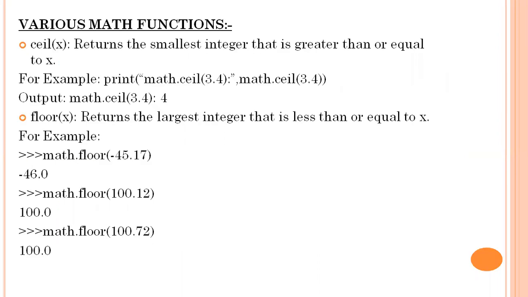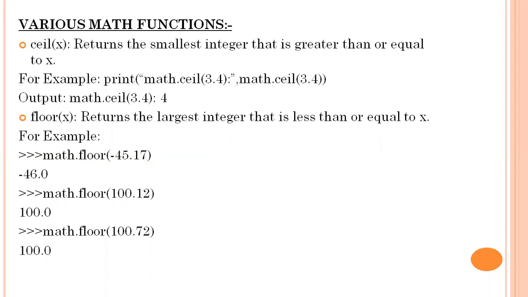Various math functions are ceil(x). It will return the smallest integer that is greater than or equal to x. For example, if we write print(math.ceil(3.4)), it will print the output 4. Whereas floor returns the largest integer that is less than or equal to x.